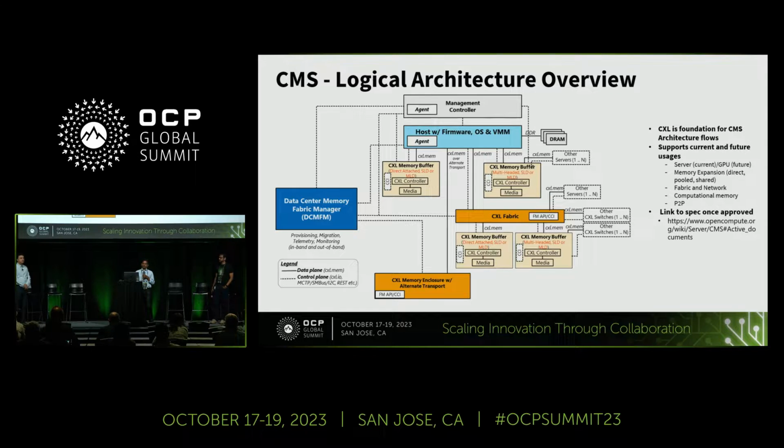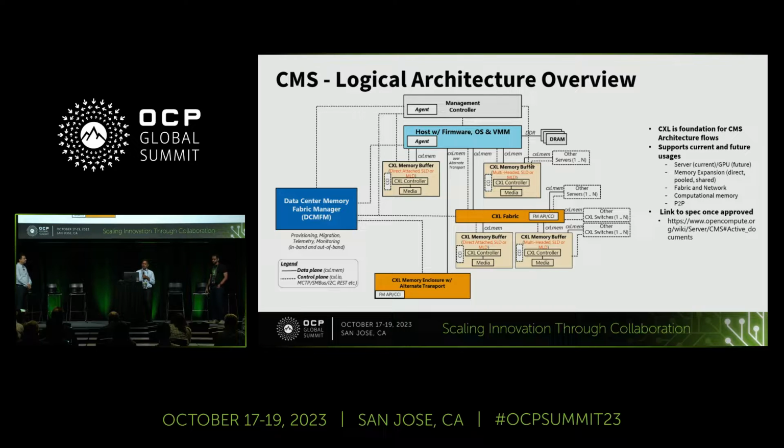Primarily, the management controller is there to do the out-of-band manageability. You can see that there is an agent that is connected to the data center fabric manager. So you have a direct attached CXL memory buffer in the architecture. Then you also have multi-headed, and then the fabric-based. And then there is the CXL over alternate transport as well. Our focus is to include all those elements in the logical architecture, as well as ensure that there are solution architectures around them.